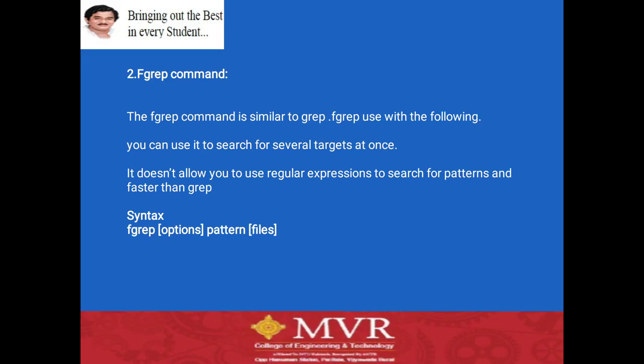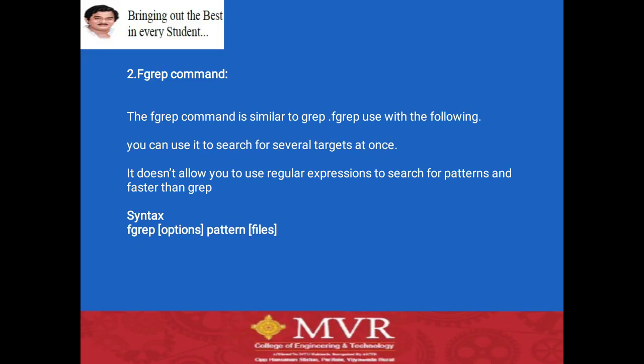With the help of those meta characters and some expressions, we can set patterns. Those types of regular expressions it will not support. fgrep will not support regular expressions. Only several fixed patterns can be matched, so at a time we can search for more than one item.